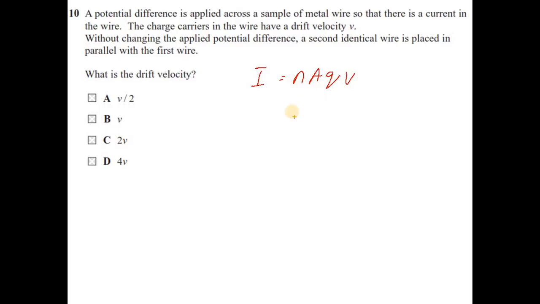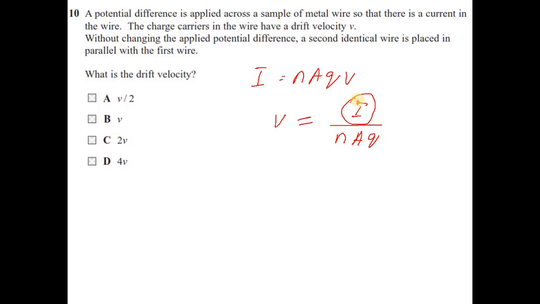So if you make v the subject, v = I/(nAq), meaning drift velocity depends mainly on area and the current. Because they are talking about an identical wire, the area is not changing, so we need to look at what happens with the current.